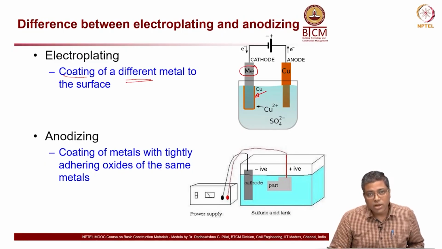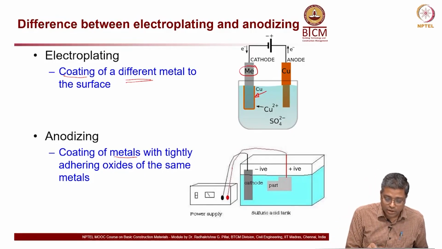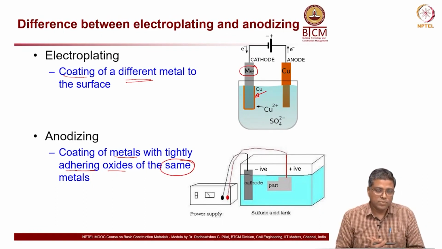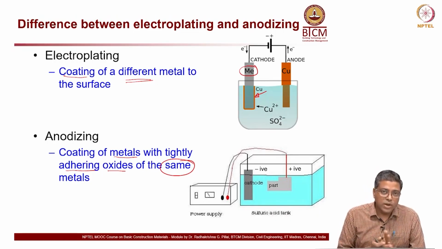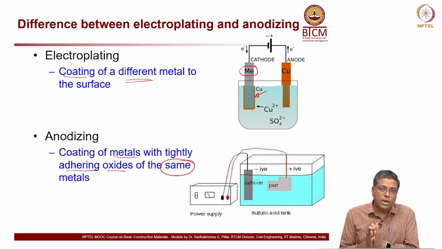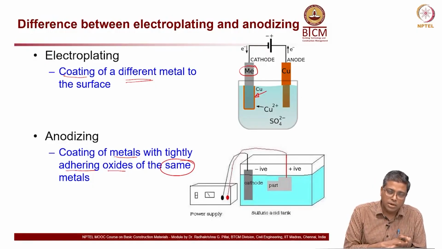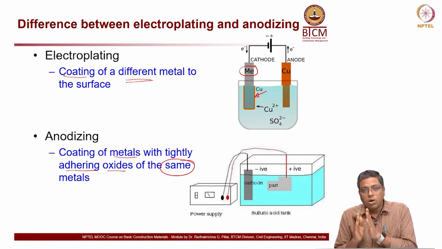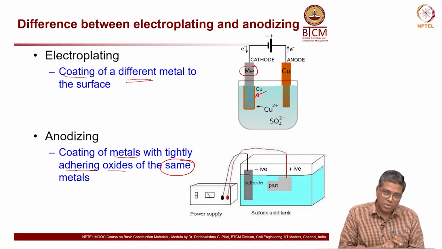In case of anodizing, what it means is coating of metals with a tightly adhering oxide of the same metal. That is the difference. Okay. So, in the case of electroplating, one metal is coated onto another metal. In case of anodizing, a metal oxide is coated to that same metal. Okay.